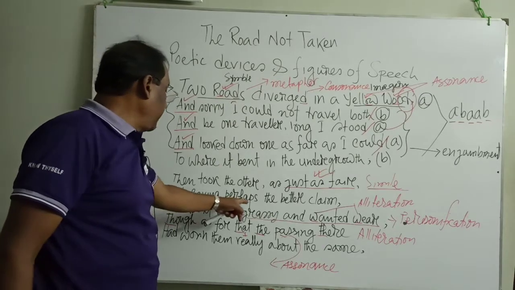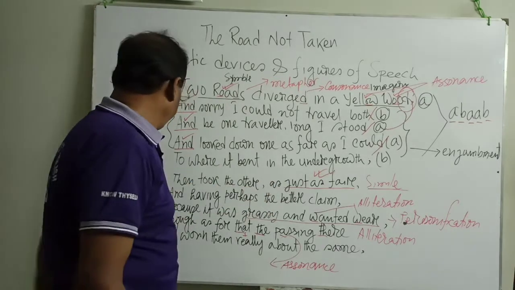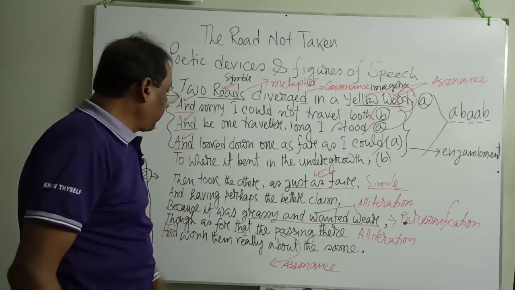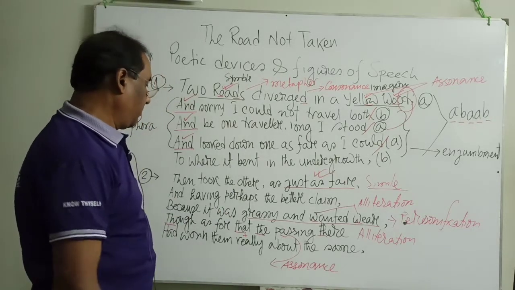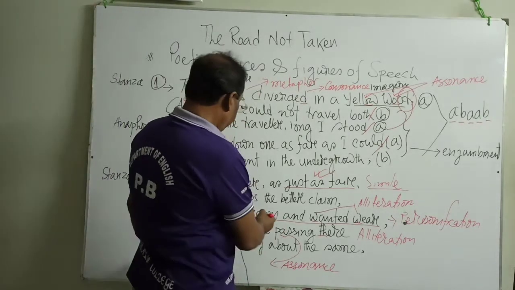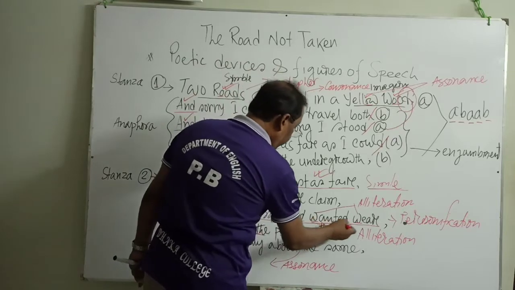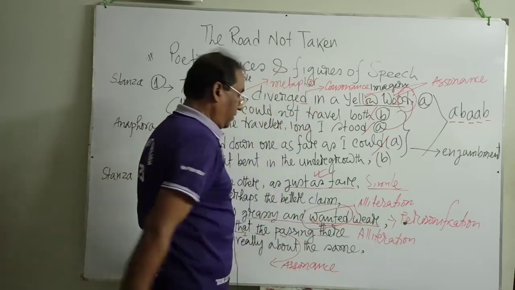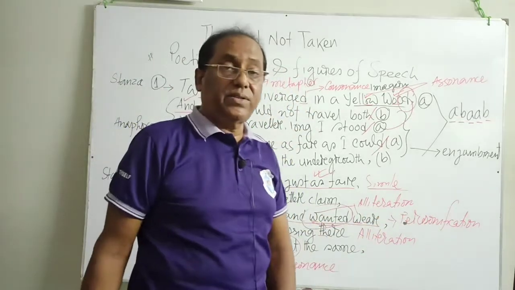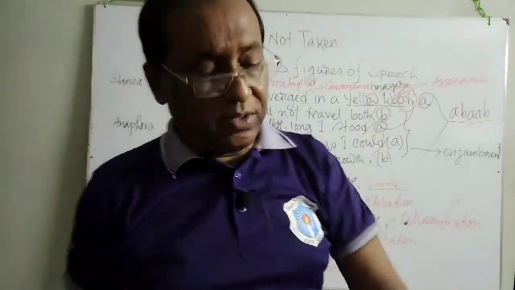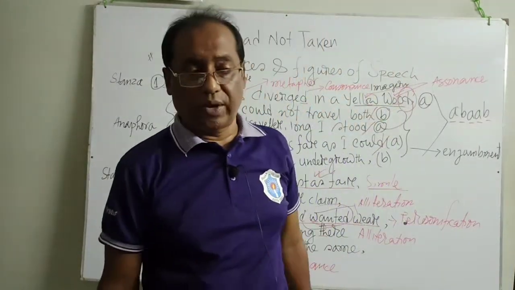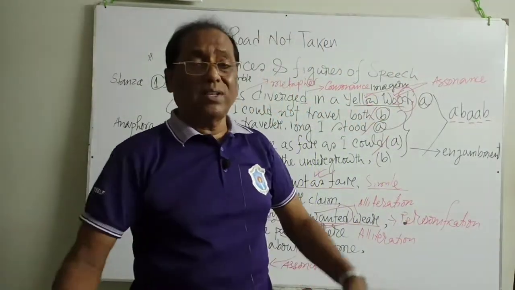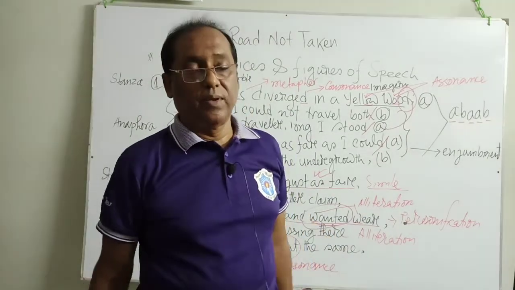And having perhaps the better claim, because it was grassy and wanted wear. Here, grassy and wanted wear, is another figure of speech which is called personification. Now, what is personification?